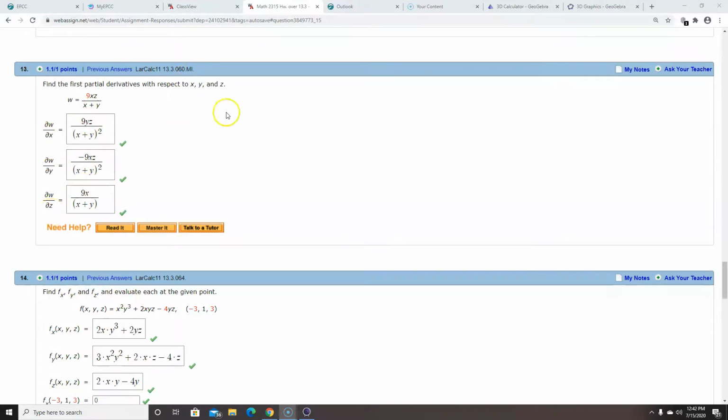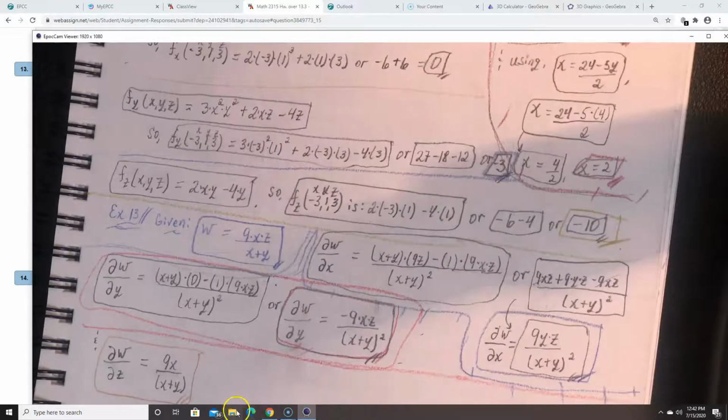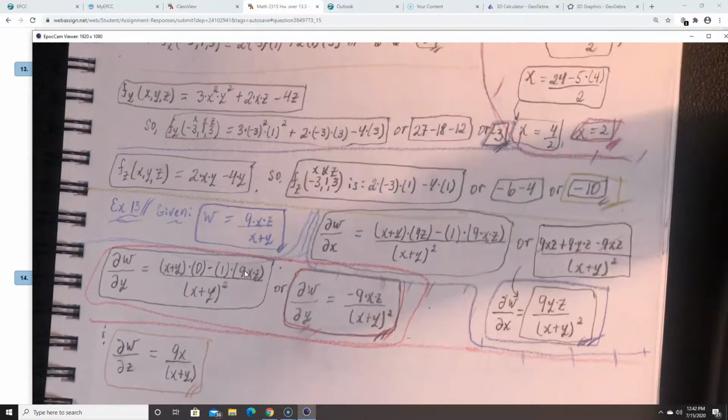But then they don't ask us to plug in any point or anything. But the reason I want to help you with this one is because, well, let me just go to my paper. So here's 13. Given w equals 9xz over x plus y. So one of them is the partial derivative of w with respect to x.